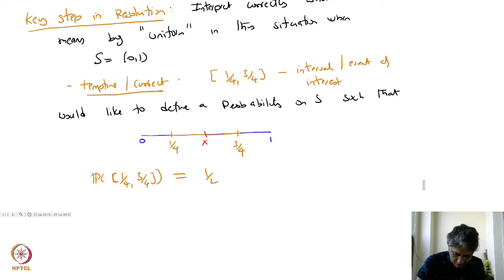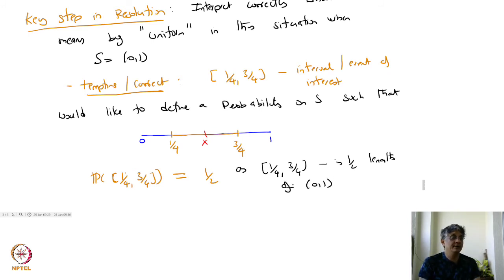My loosely worded logic for that is that 1/4 to 3/4 is half the length of 0, 1. The length of 0, 1 is 1, the length of 1/4 to 3/4 is a half, and that's why I think the probability of this should be half. Let's say this is how we want to think about it.